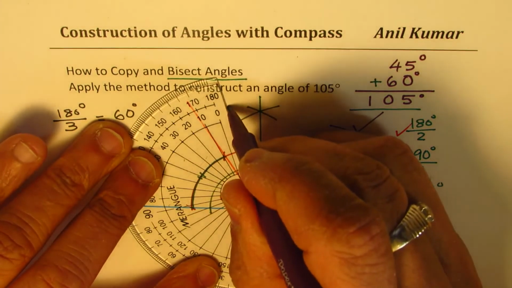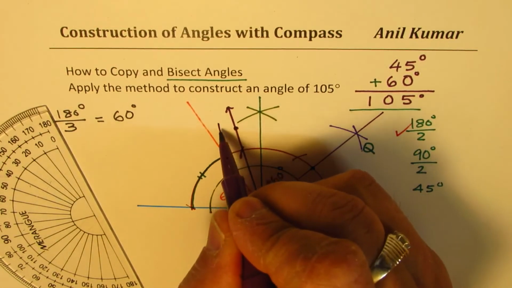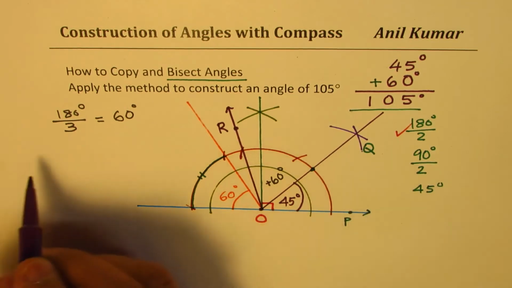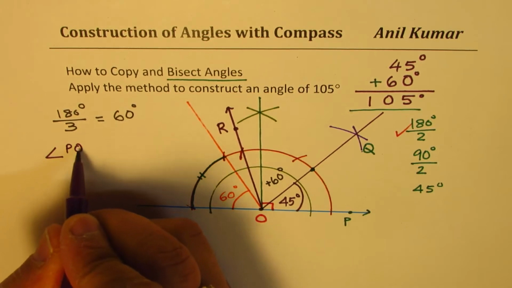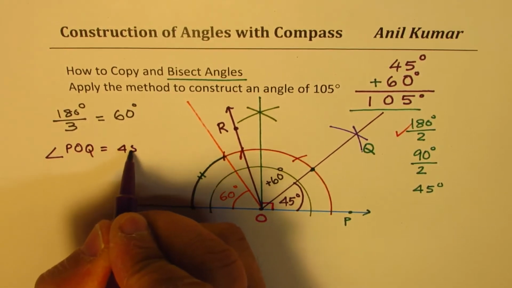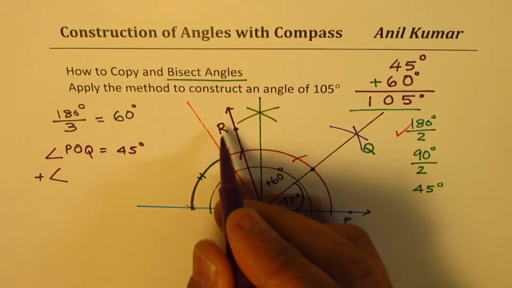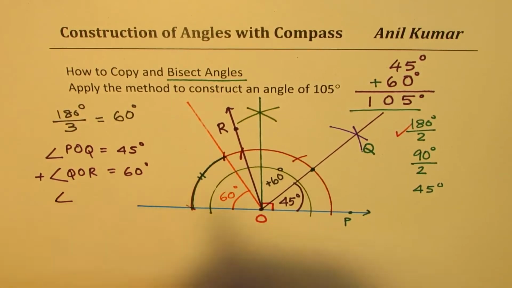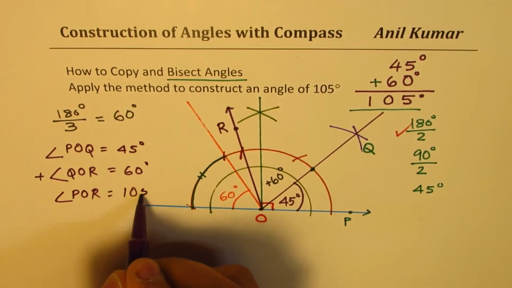So we have this point and a point here. Let me call this R now. You will notice that what we have now is a total angle. Now we know the angle POQ was 45 degrees, and on that we added angle QOR, which is 60 degrees, and therefore what we get is angle POR, which is 105 degrees.